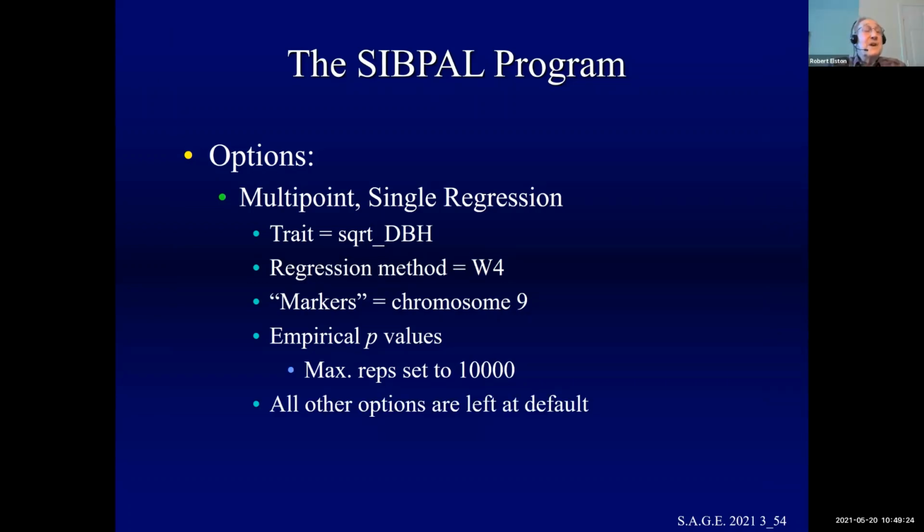Notice we're going to do the empirical p-values, and it's going to use a Monte Carlo simulation, if you like. It says max reps set to 10,000 and everything else left to default. Let's see what happens.